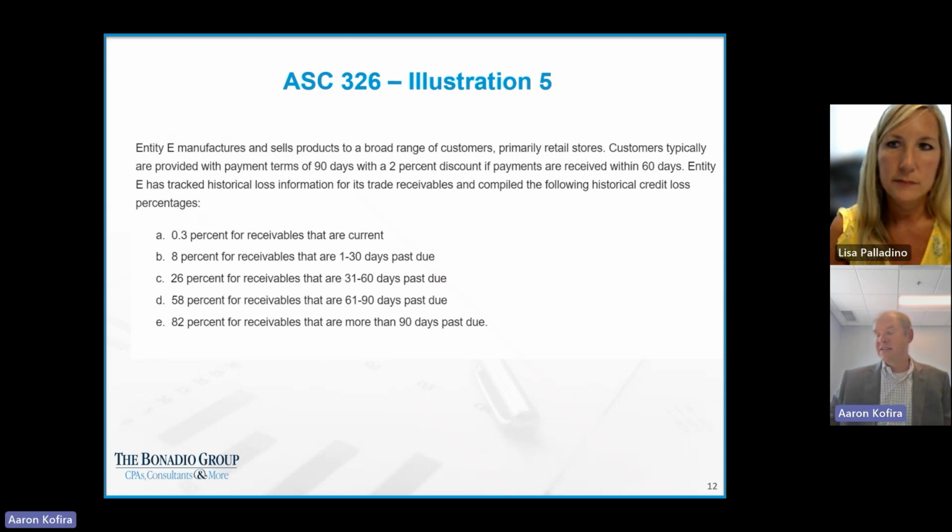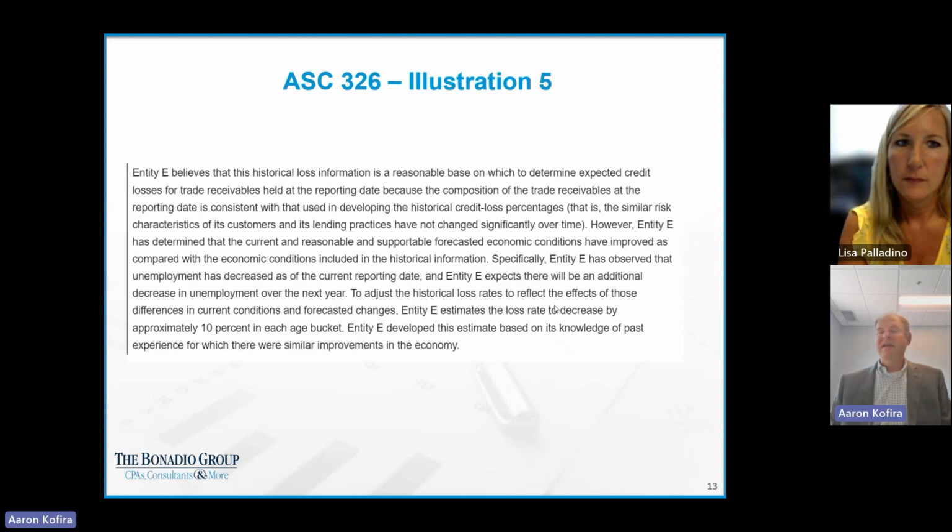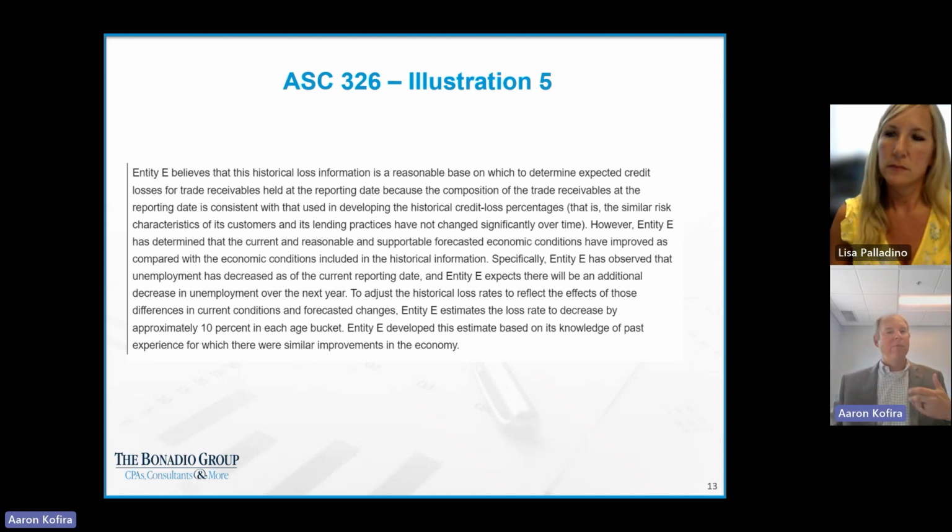That's step one, right? As part of this process, you say, based on my historical factors, I'm going to come up with some sort of analysis and say, this is where I think we're going to fall out from a collectability standpoint. Then you look at everything else, such as where the economy is and what unemployment is, potentially in your area of the world as well as where your clients are.